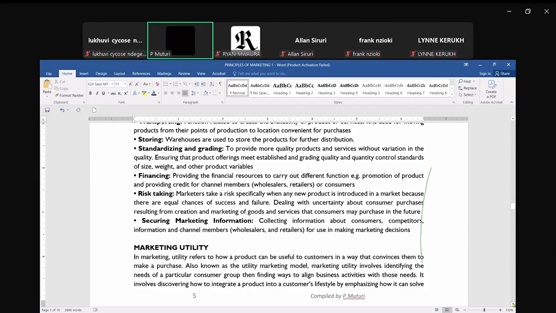Now, another key function of marketing is to gather market information, gathering and securing market information. Marketing, products and services and all that should always be informed by the needs, wants, and requirements of the customers. How do you know the needs and the requirements of the customers? It is by gathering market information. In this day and age, I think this has been made far much easier because of, again, technology.